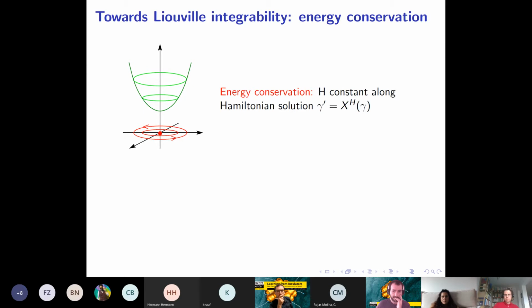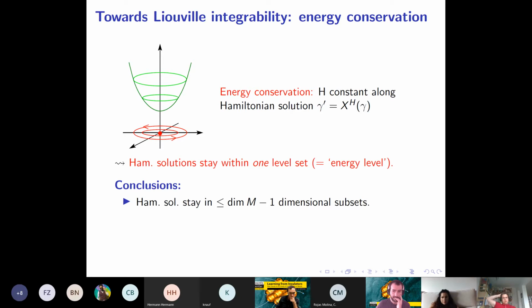This is motivated by the energy conservation of Hamiltonian systems. And this means simply that when I draw a Hamiltonian system and look at the level sets, I notice that the solutions have to stay within the level sets, within this energy level. This is then usually referred to as energy conservation.